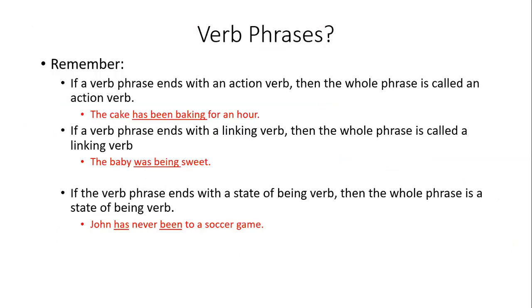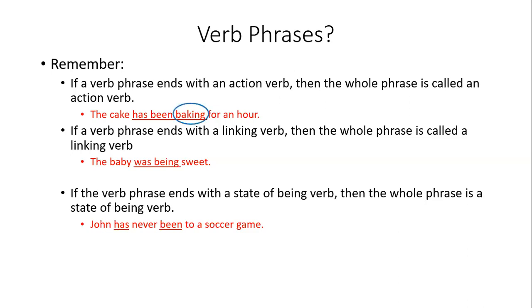Okay, so remember how I told you that there are different forms to linking verbs? This takes me to verb phrases. Remember that if a verb phrase ends with an action verb, then the whole phrase is called an action verb. Let's look at the first sentence. The cake has been baking for an hour.